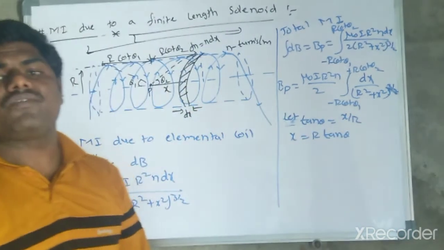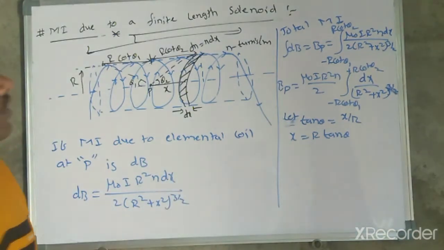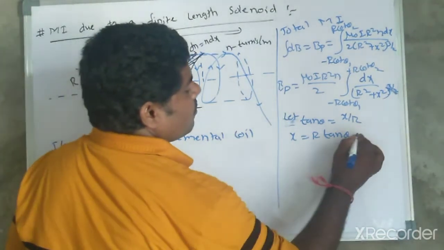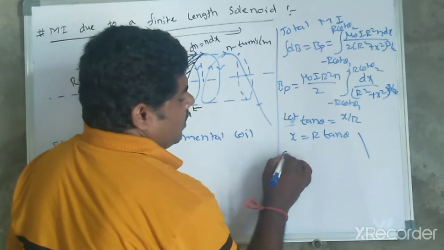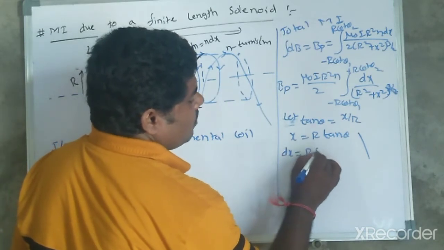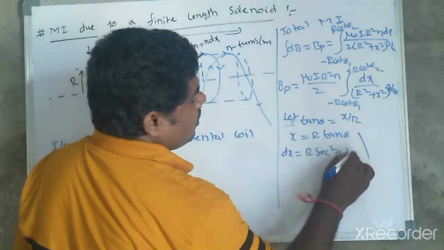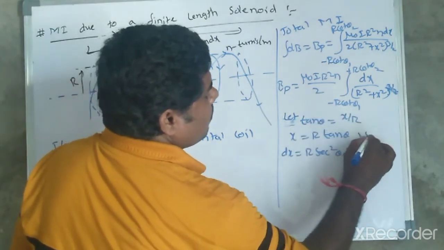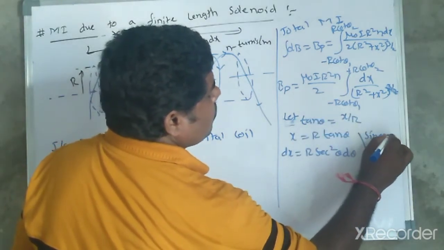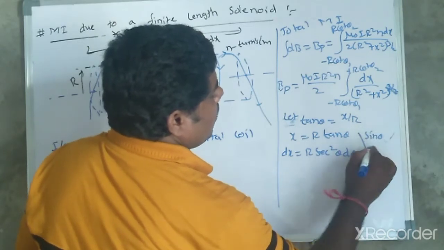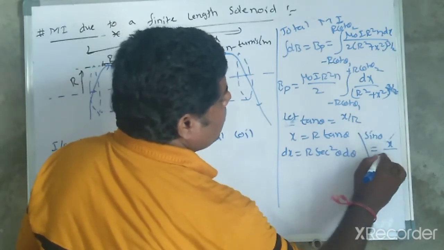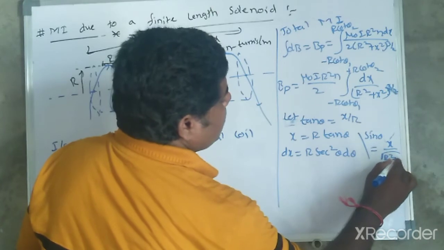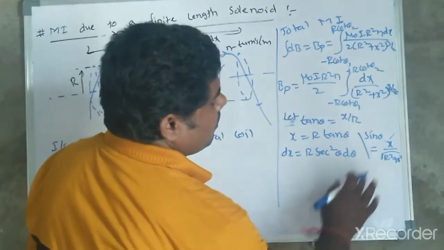Differentiate this equation with respect to theta. So dx is equal to r into secant square theta d theta. Since tan theta is equal to x by r, sin theta is equal to x divided by root of r square plus x square, you may remember.